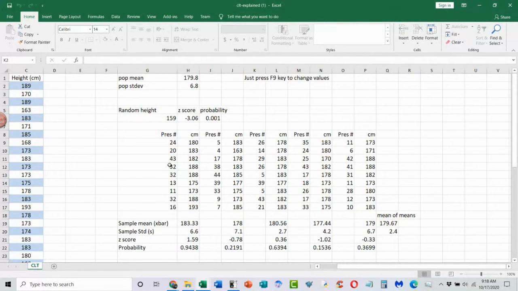So as we take more samples, the standard deviation gets smaller and smaller because we're dividing by the square root of n. If this was 100 things, we would divide by 10. If we had 144 things, we divide by 12. I'm just trying to pick perfect squares. If we had 625 things, we divide by 25.